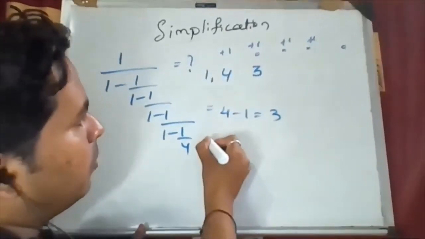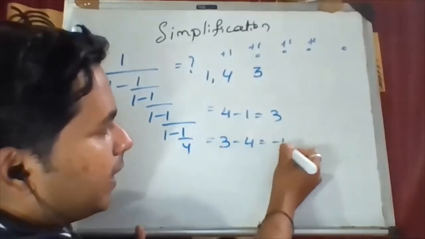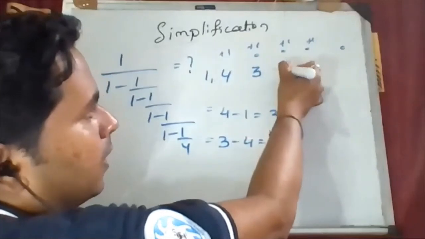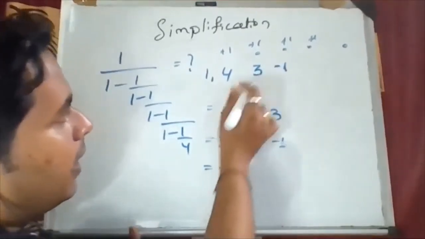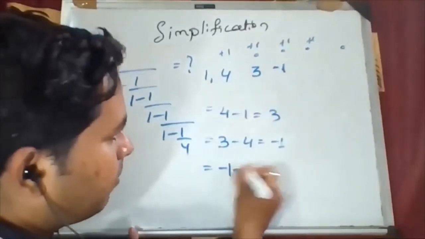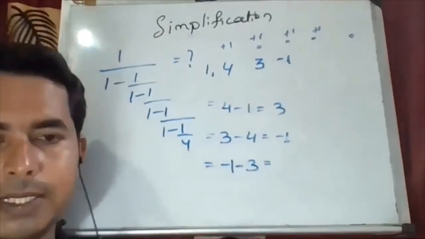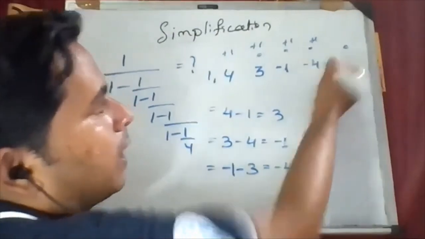So we'll get here minus 1 as an answer. So keep that minus 1 only here. Now what comes next? Minus 1 and minus 3 you have to do. So you'll get here minus 4.